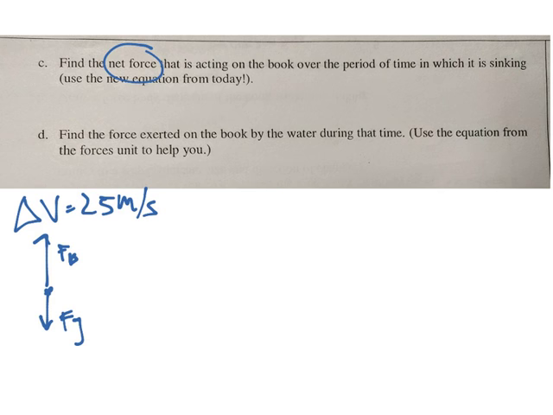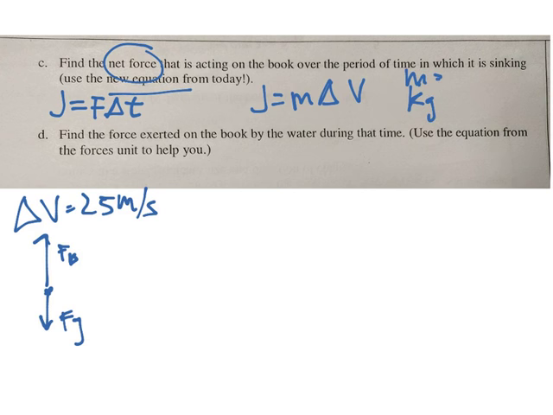So this would be using our equations. Like our current equations, we'd have impulse is equal to force times delta t. And we also know that J is also equal to the mass times delta V. And if you look back at the initial part of the problem, your mass is 1.5 kilograms.